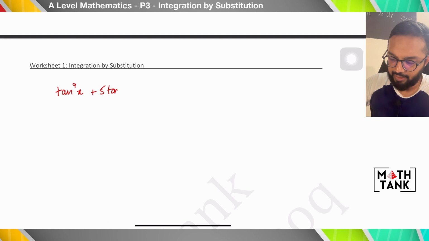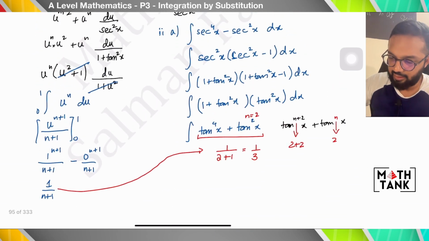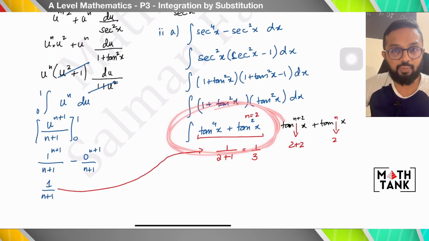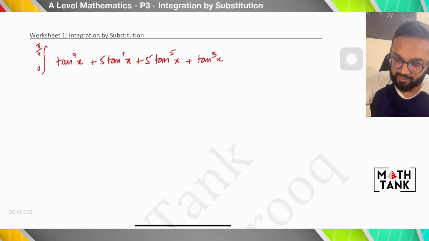If I could generate the same situation as in the previous part, where my powers differ by 2, I could use that initial result to come up with the answer.